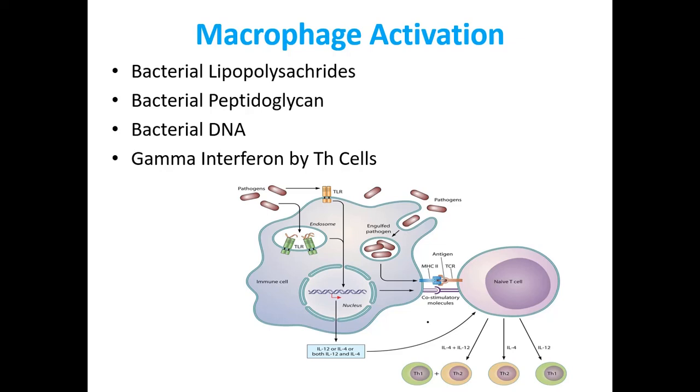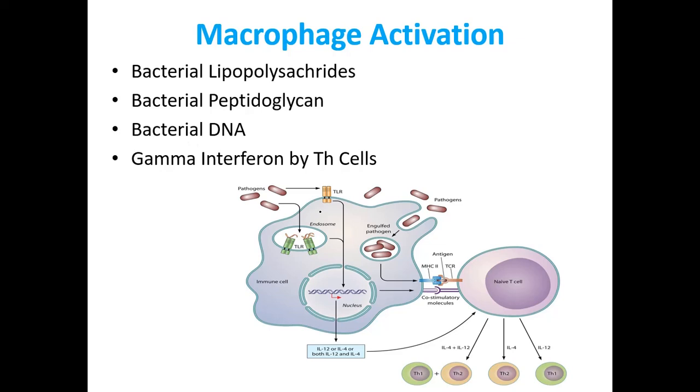Now the question arises: how do macrophages get activated? For phagocytosis, antigen presentation, and cytokine production, macrophages have to be activated. They are initially activated by bacterial lipopolysaccharides, bacterial peptidoglycan, and bacterial DNA.